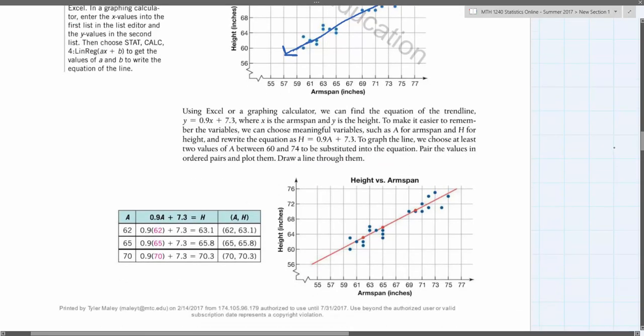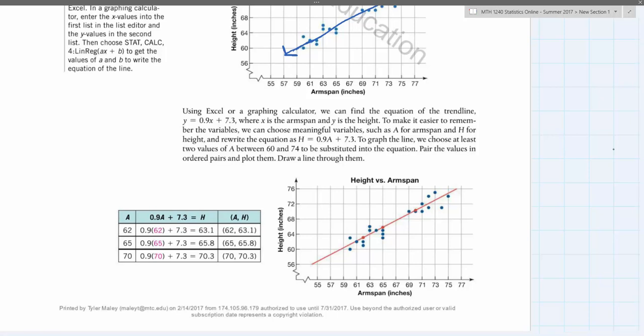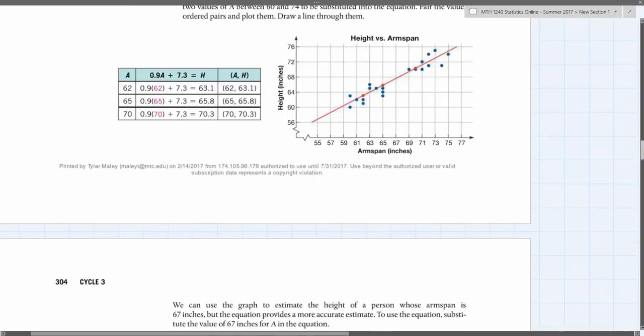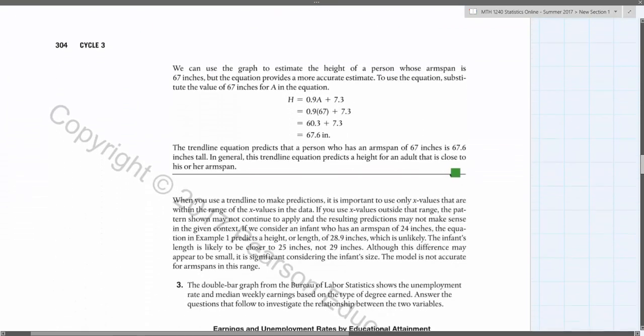What we're going to look at are residuals, trying to make the line as close as possible to most of the data points. We're going to see what that means a little bit, just prepping you for those statistics ideas that you'll be seeing in the coming weeks.